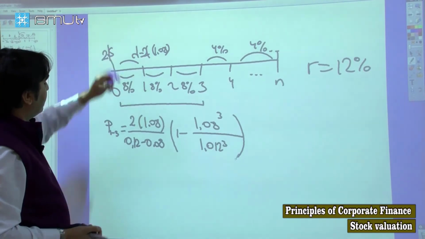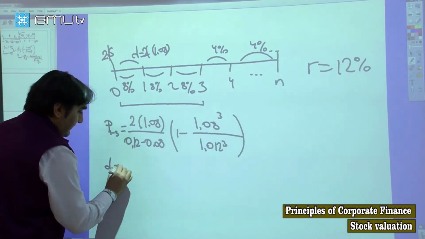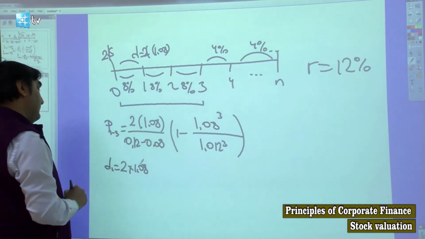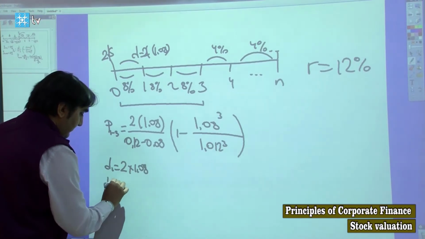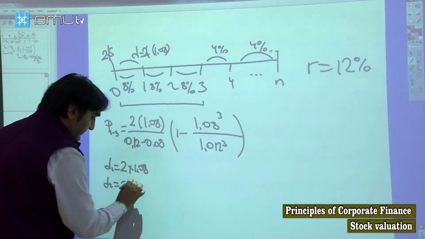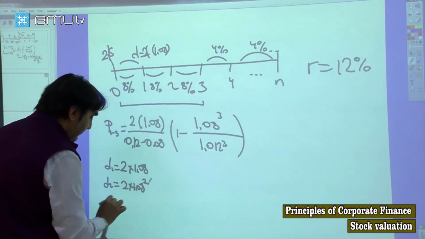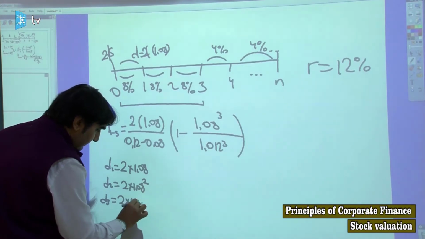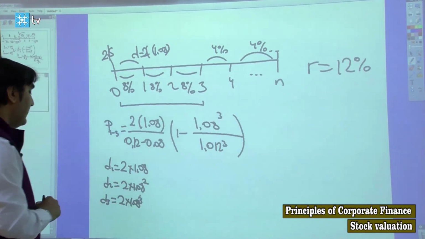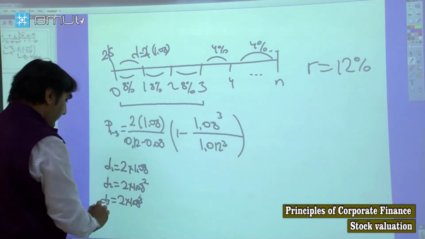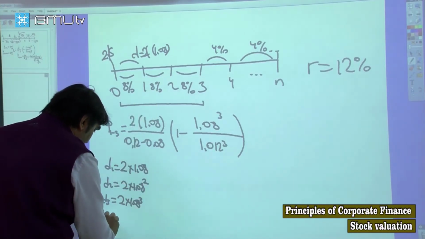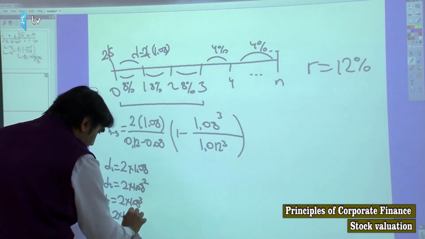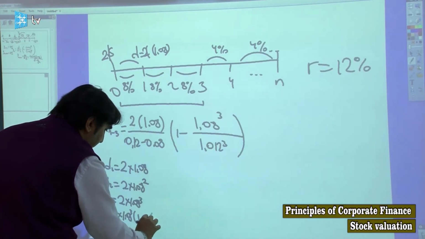Dividend grows: the first dividend 1 will be $2 times 1.08, dividend 2 will be $2 times 1.08 squared, dividend 3 will be 2 times 1.08 to the power of 3, and dividend 4 will be 2 times 1.08 to the power of 3 times 1.04.